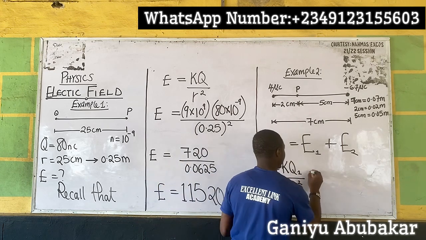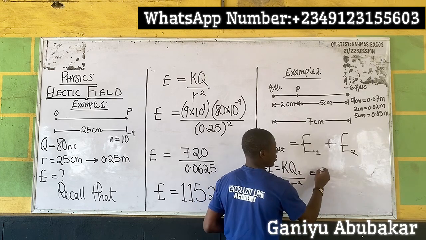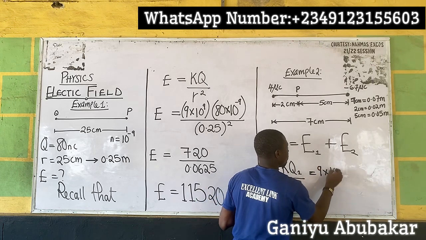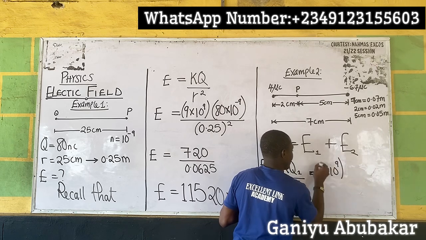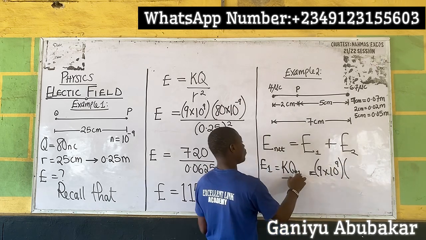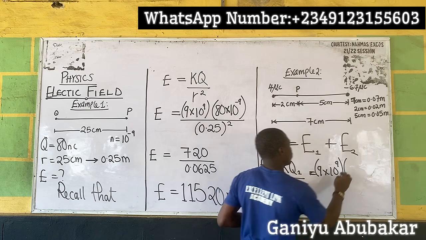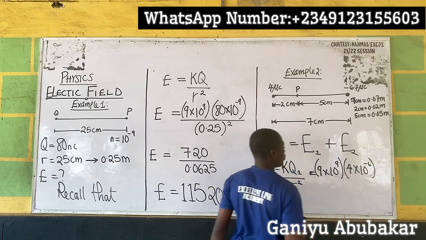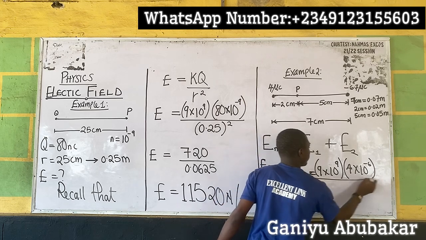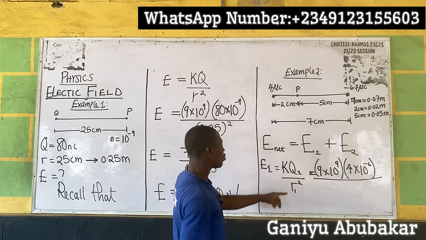K is a constant, 9 times 10 to the power 9, times Q1, which is 4 times 10 to the power minus 6 for micro, all over R1 squared.